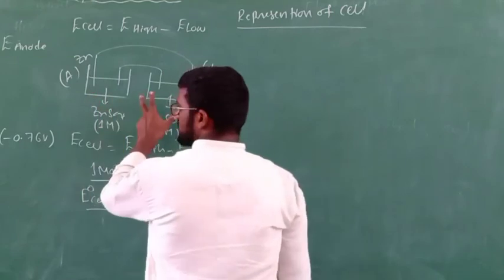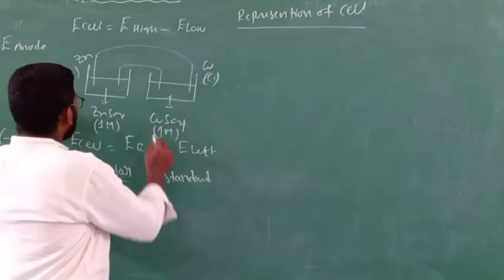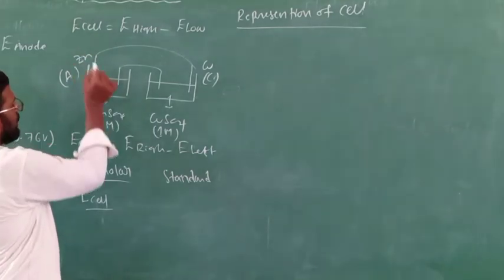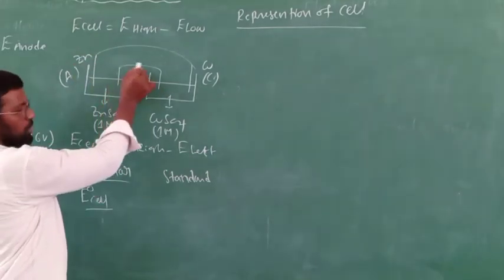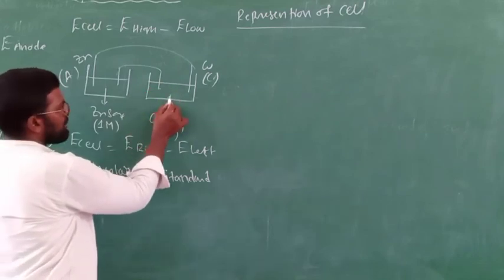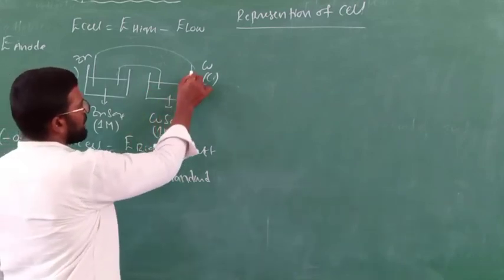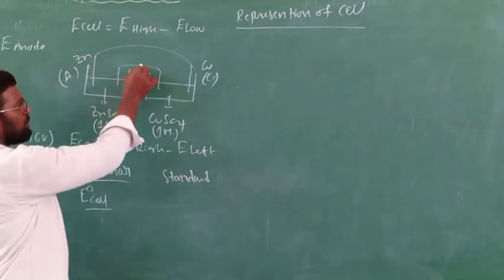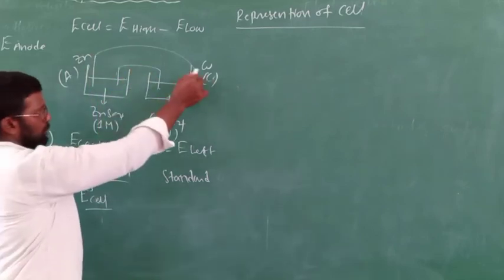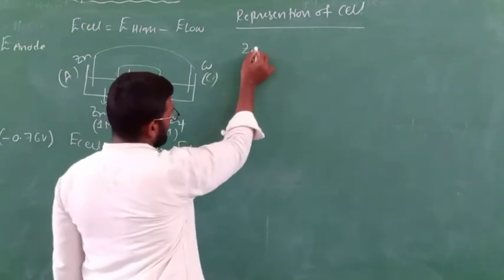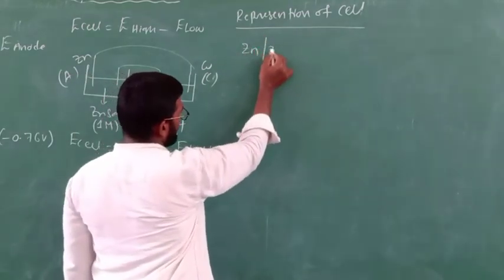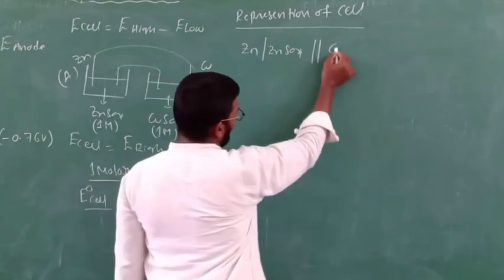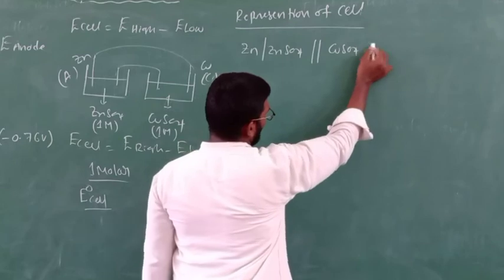If you observe this galvanic cell, zinc is the anode, then electrolytic solution, salt bridge, electrolytic solution, copper sulfate, and electrode. That means electrode, electrolytic solution, salt bridge, electrolytic solution, electrode. So first the electrode zinc, in contact with zinc sulfate solution, salt bridge, copper sulfate solution, copper.